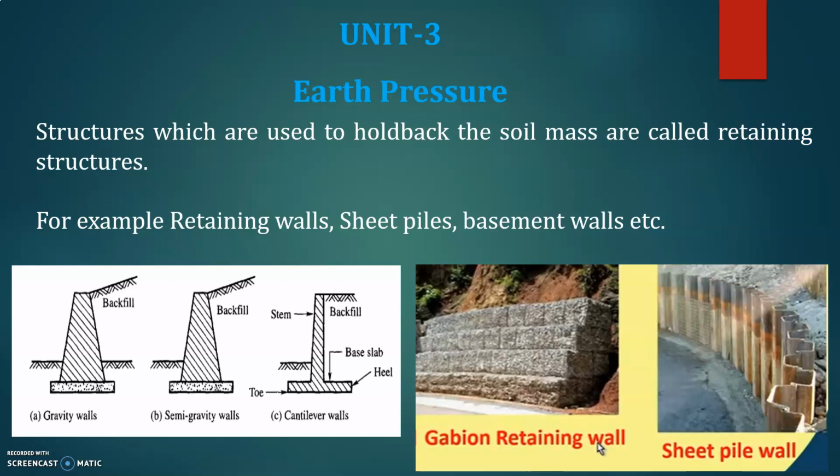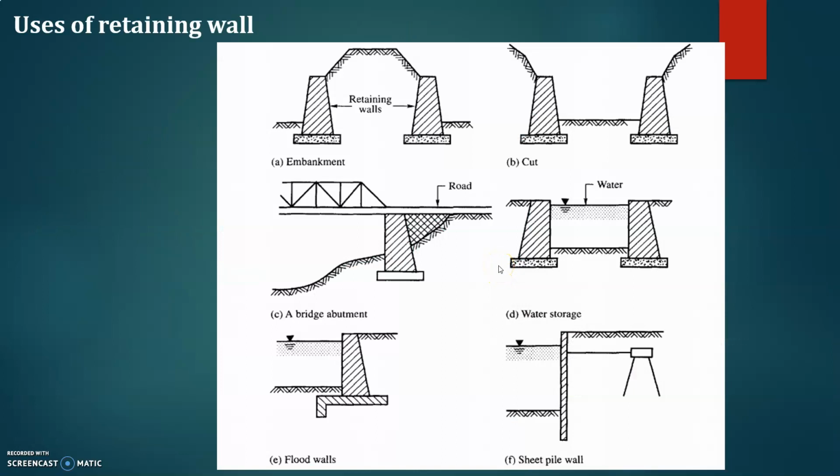One after the other, they are connected and penetrated. So it is in the form of a wall, and this retains the soil. Okay, this is about the sheet pile wall, and now we will see the different uses of retaining walls.